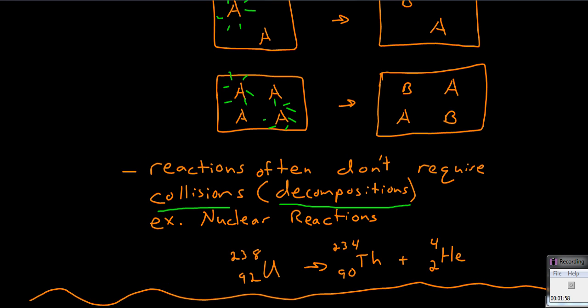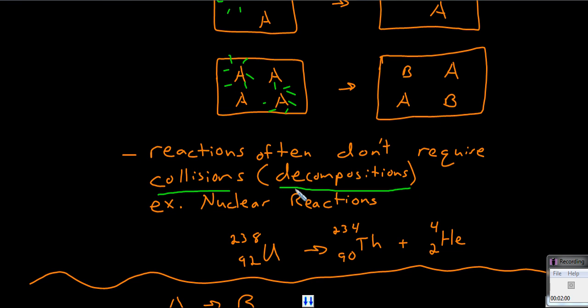But also, we can include nuclear decompositions. For example, uranium-238 decomposes into thorium-234 and will release a helium-4 isotope, also known as an alpha particle. So you should recognize that nuclear reactions and decompositions are usually first-order reactions.